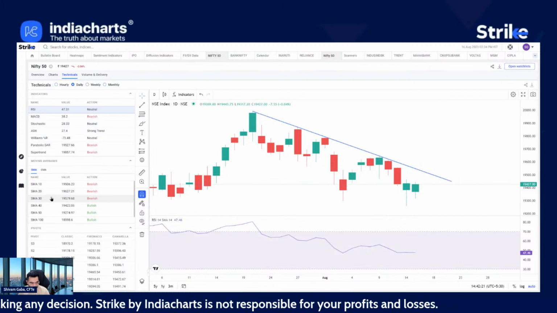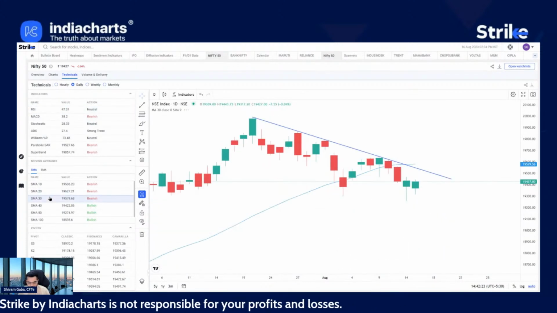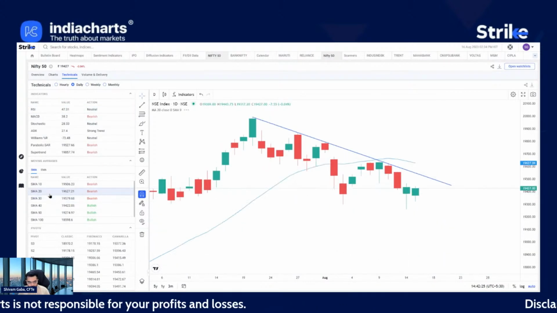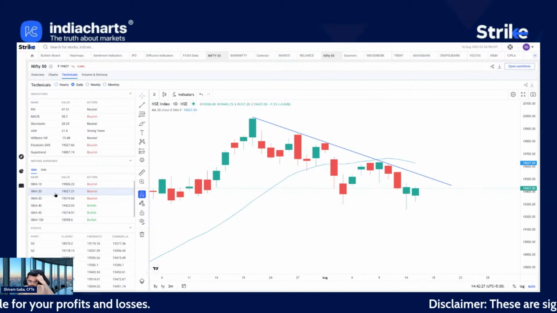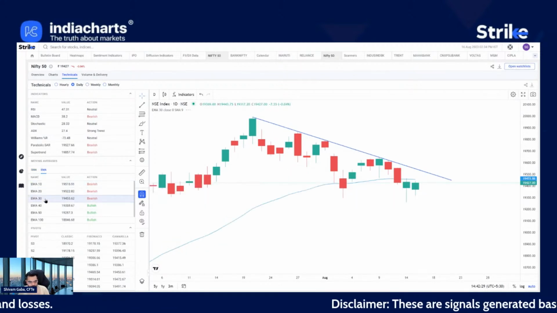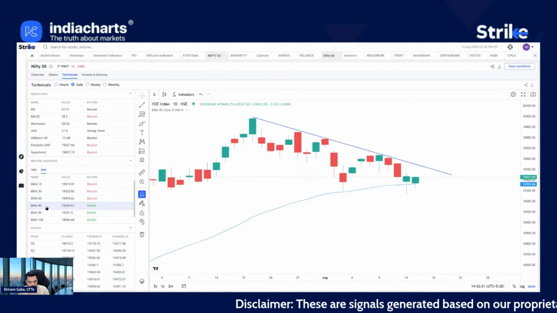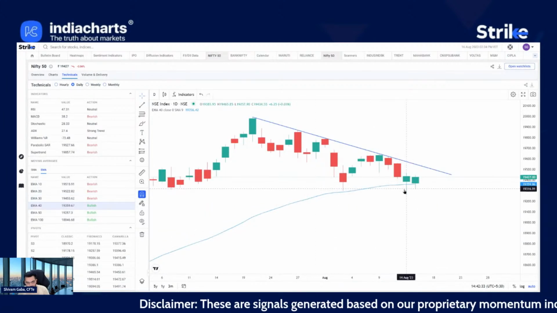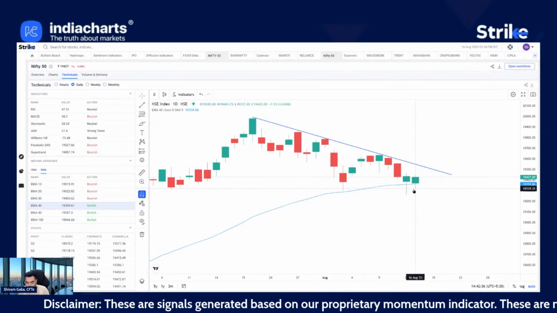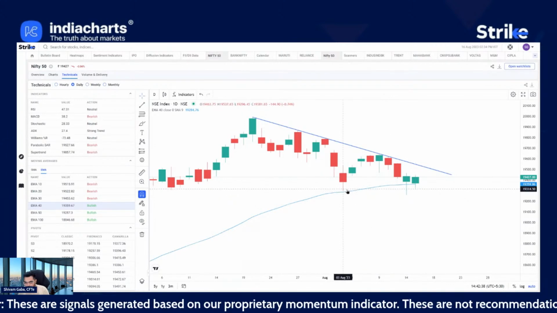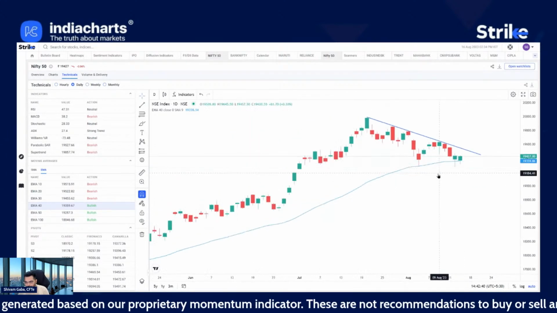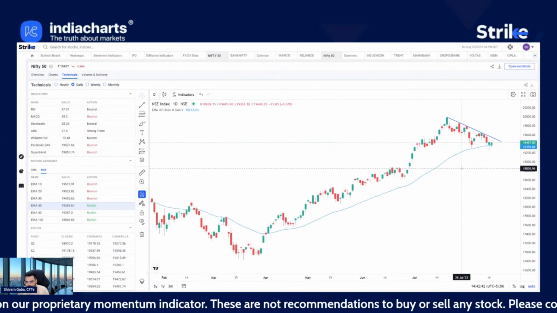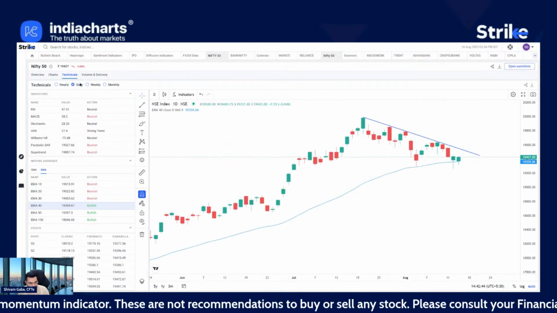In terms of moving averages, it is below both the 20 and 30 moving averages. And if you look at exponential averages, it has taken support right at the 40-day exponential average two or three times now, so it's holding above that. It remains a crucial level in the short term.